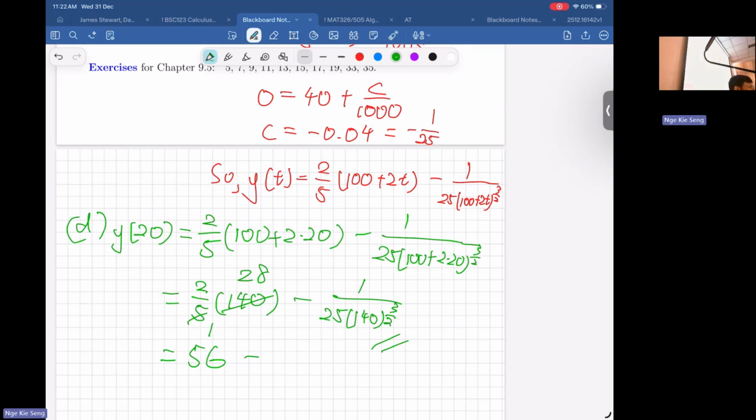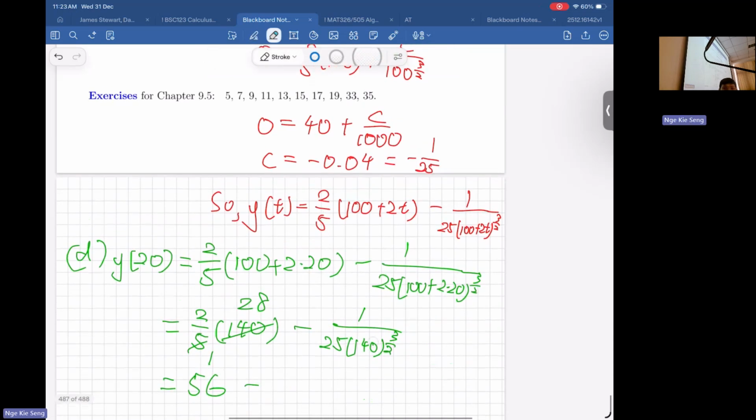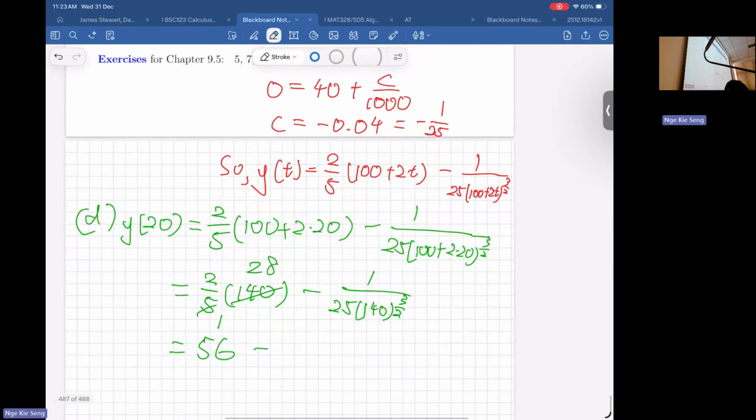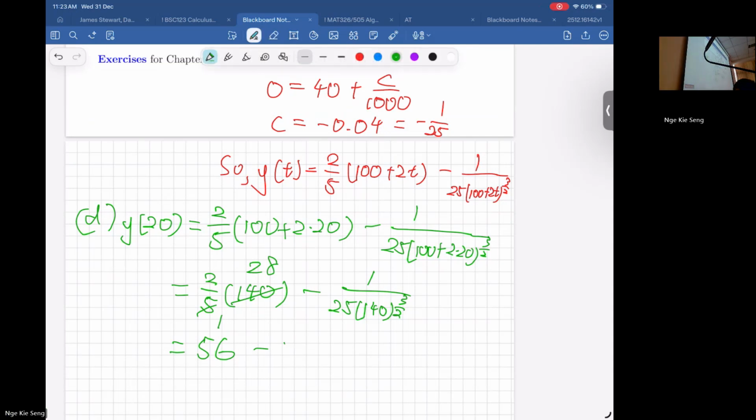I think 140. Close to zero? You sure? So small. This term, what's this term? Almost 56. How small?